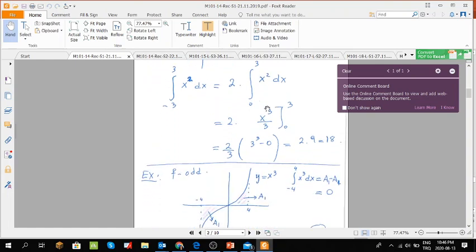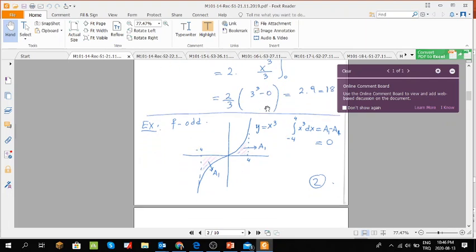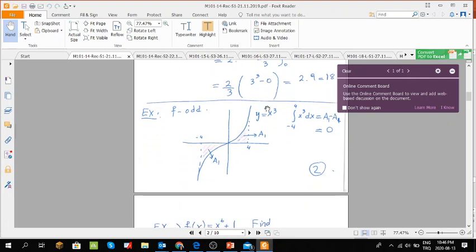It's easier. Here's y equals x cubed. As you see, it is symmetric with respect to the origin, and to the right of 0 the area is above the x-axis, to the left of 0 the area is below the x-axis, and they are of equal size. And the integral from negative 4 to 4 is going to be A1 minus A1, which is 0. This is reasonable.